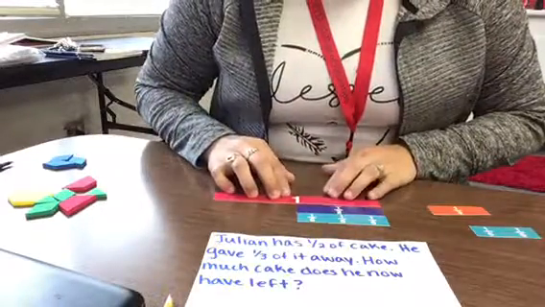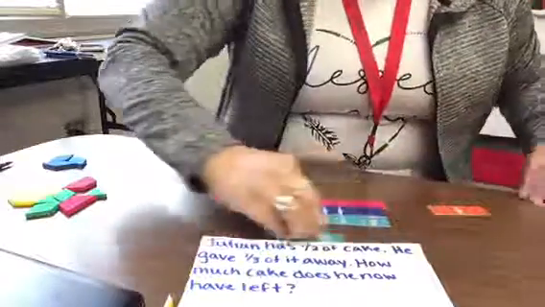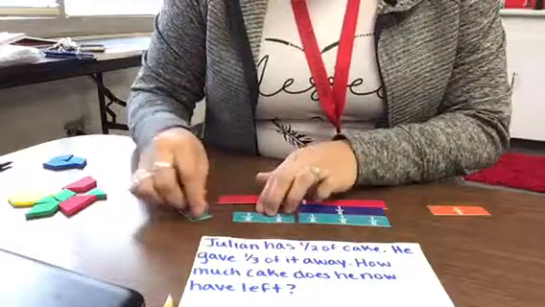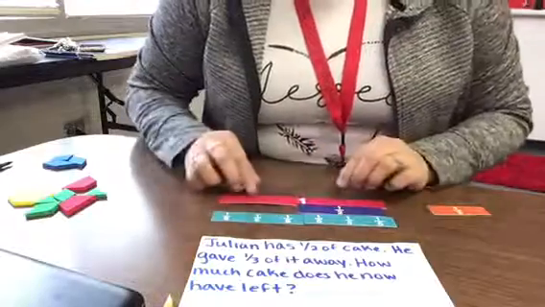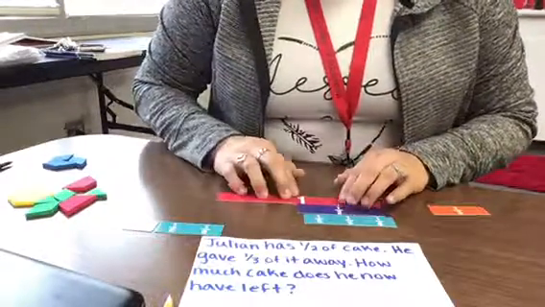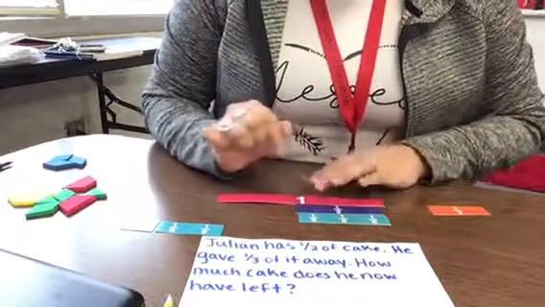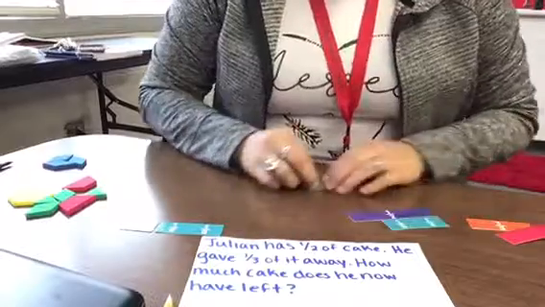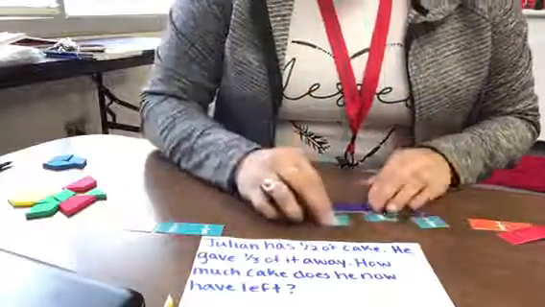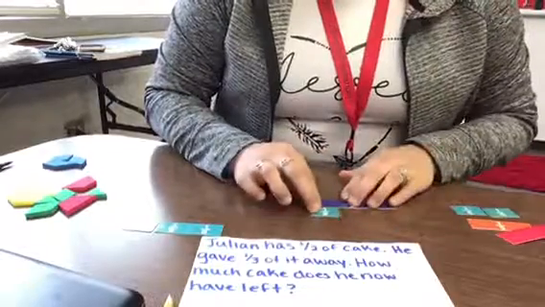So we have to remember, we have to go back to our whole. So we would have to have 6/6 to equal our whole. So then these stay the same as a sixth rather than a third. So our answer is a sixth rather than 1/3.